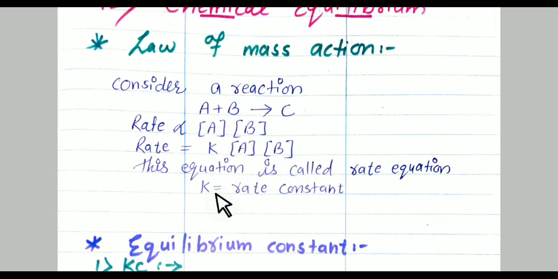The concentration of chemical species is always expressed in mole per liter. Means the unit of concentration is mole per liter. So it is the law of mass action: the rate of chemical reaction at each instant is directly proportional to the concentration of reactants.